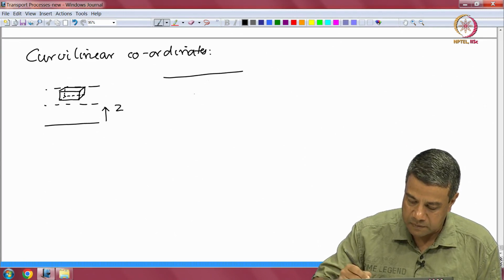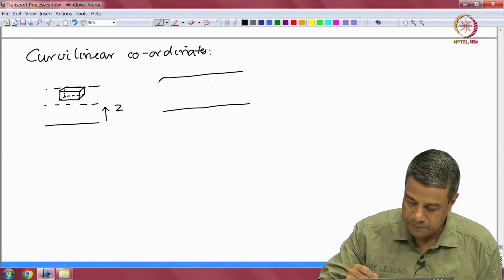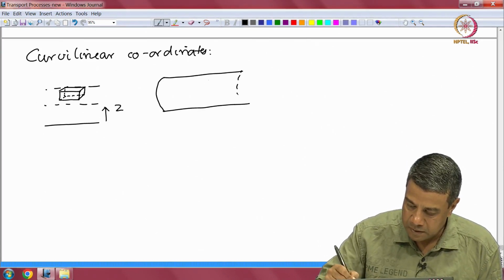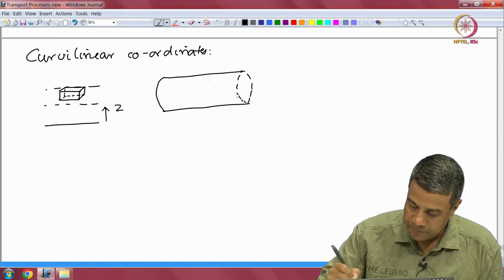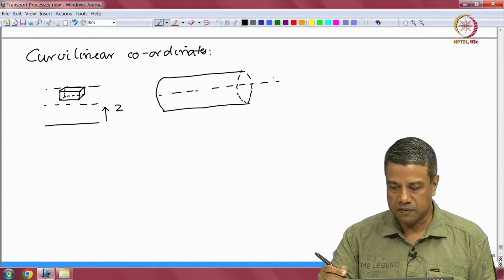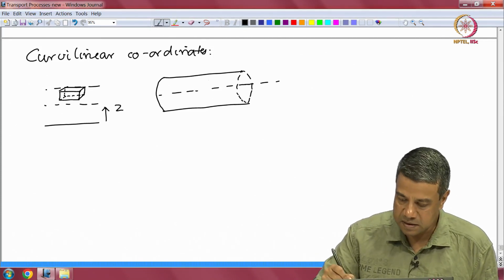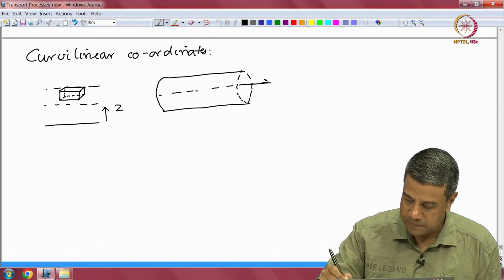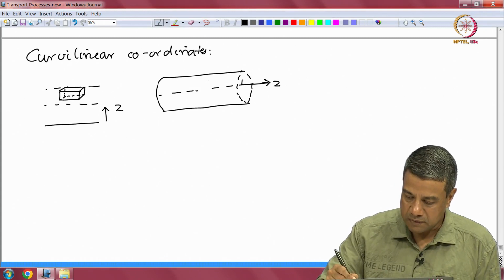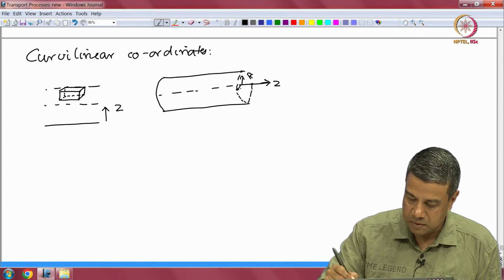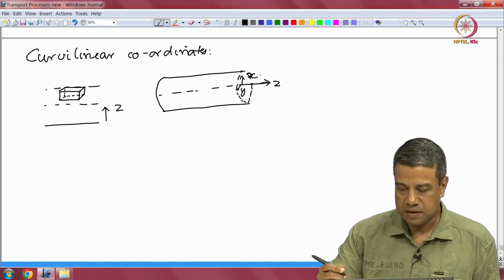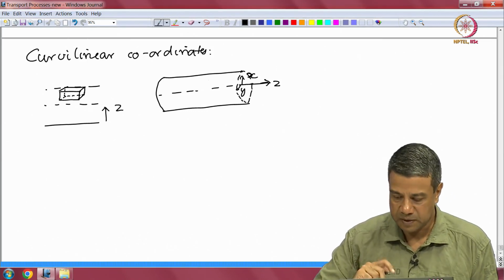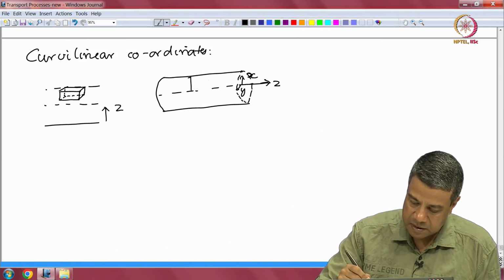For example, for the flow in a pipe, the pipe is a cylinder, and on this wall of the pipe, the distance from the axis is a constant. So, if this were the z direction, and you have two orthogonal directions x and y, x is upward and y is out of the plane, and the pipe radius was r.